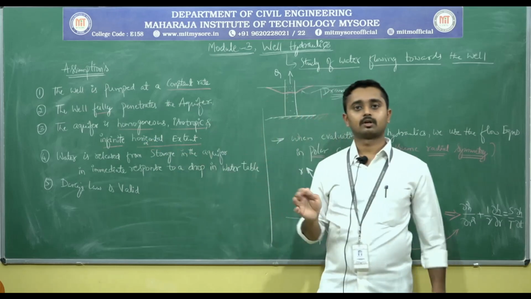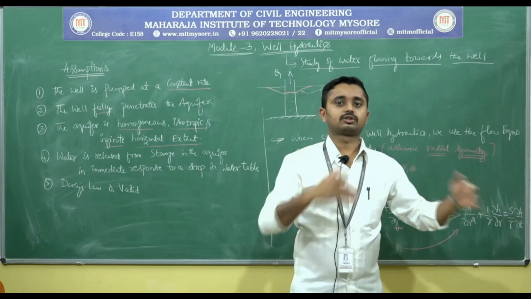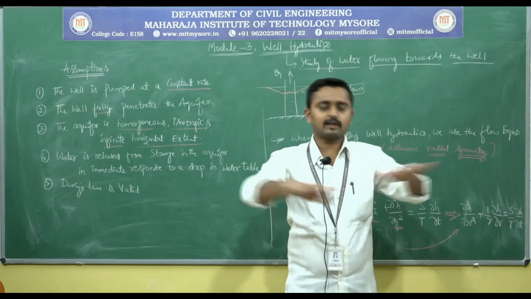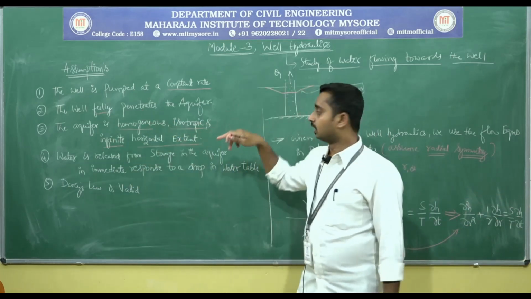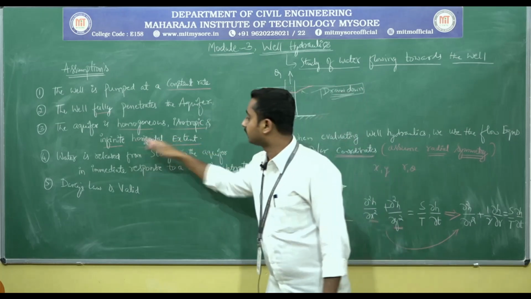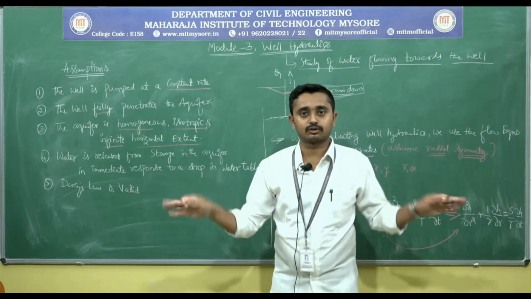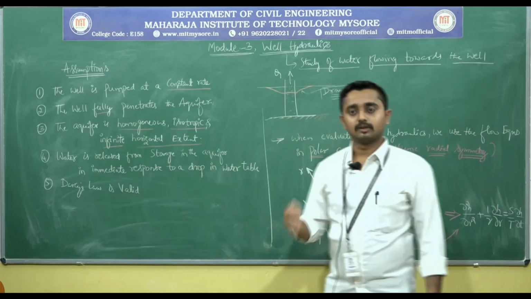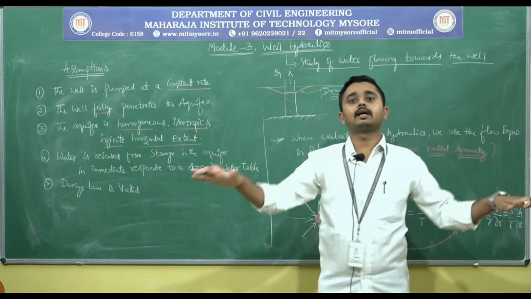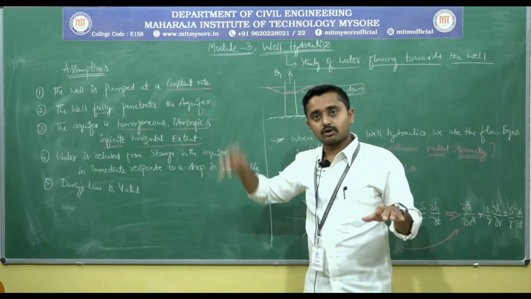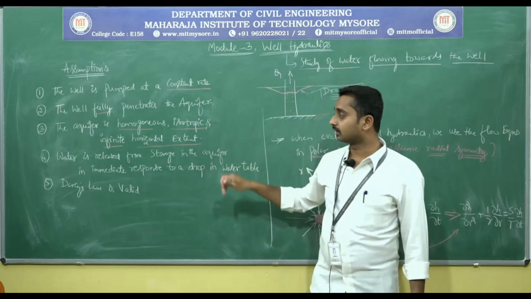Infinite horizontal extent means we are not restricting to some square kilometer area. There is no restriction, and the property of soil and water is the same throughout the infinite area. This is the meaning.